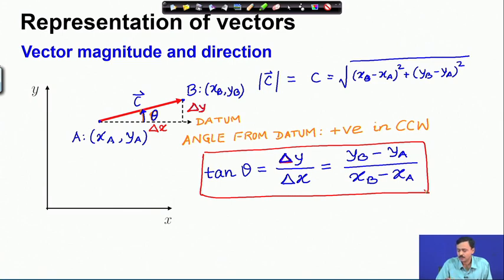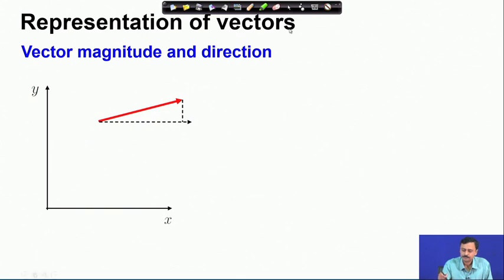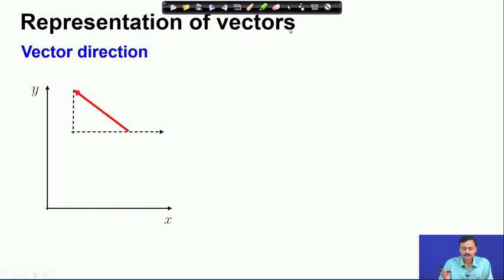So, this is how we are going to calculate the angle, and remember, this angle is measured from the datum in the counterclockwise sense. So, what are the implications of this? Let us look at this vector.